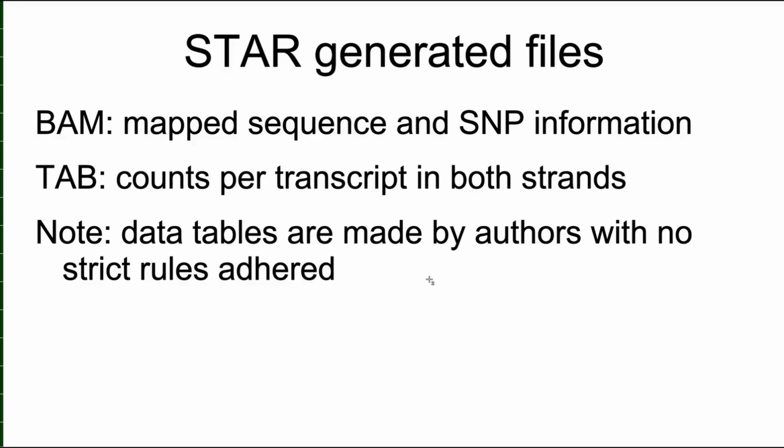When STAR makes the files, you usually use the tab files for making the data table and going further with the gene expression, but do not forget that there are also BAM files generated which contain SNP information, in general sequence polymorphism, which can be retrieved at any moment and used if you're interested in it.